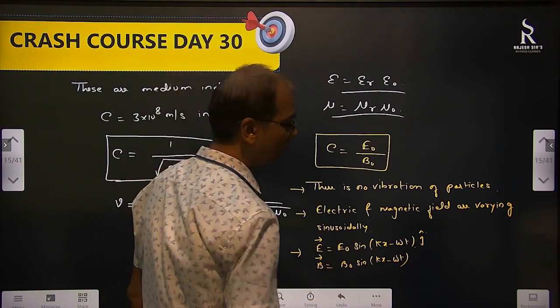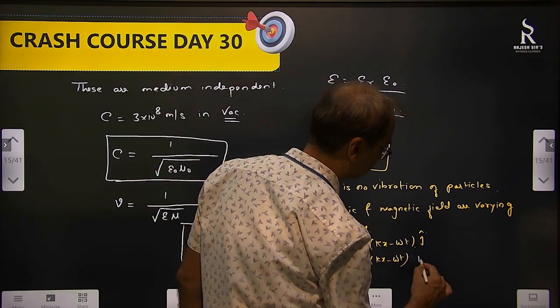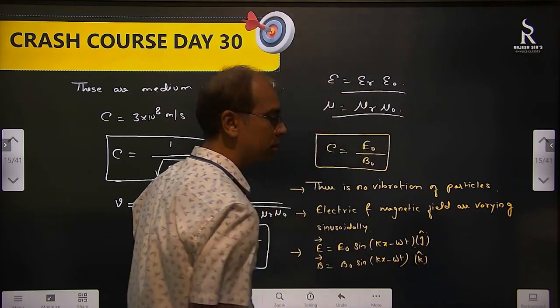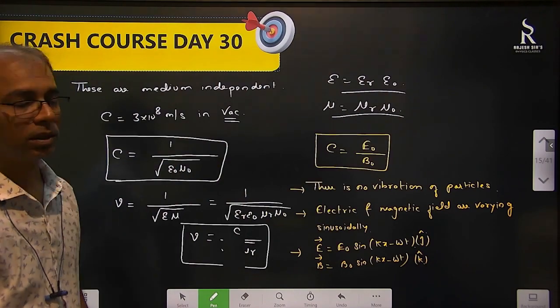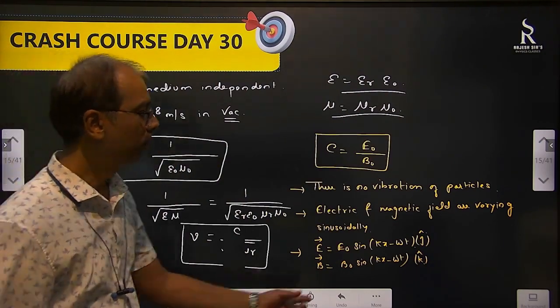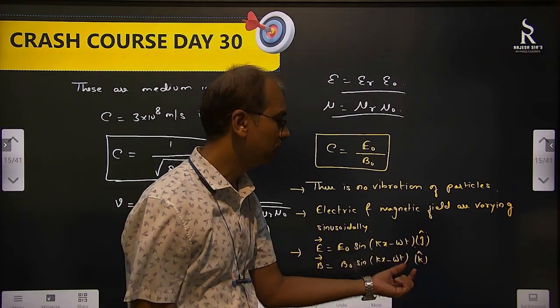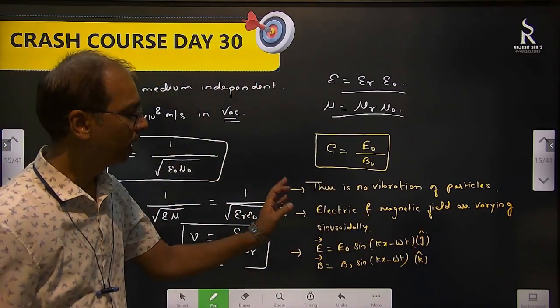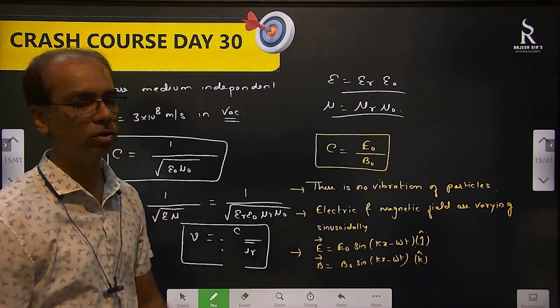In fact, it will be along the z-axis. Remember that. Both of these will be perpendicular to each other, and the velocity of light will be perpendicular to both of them.